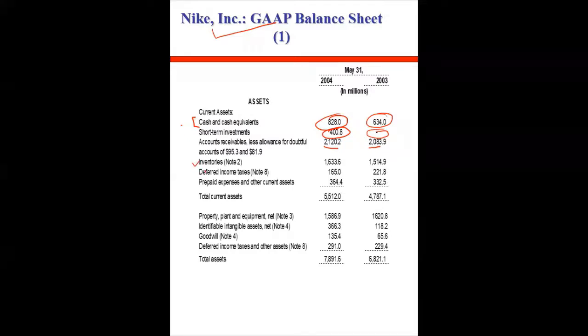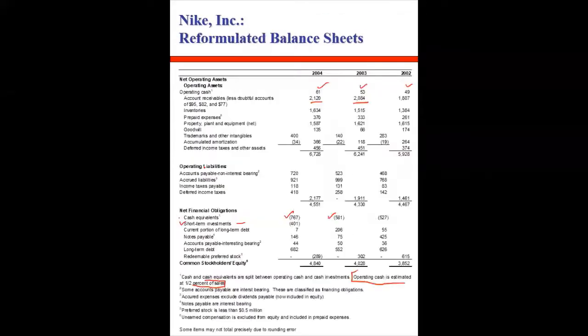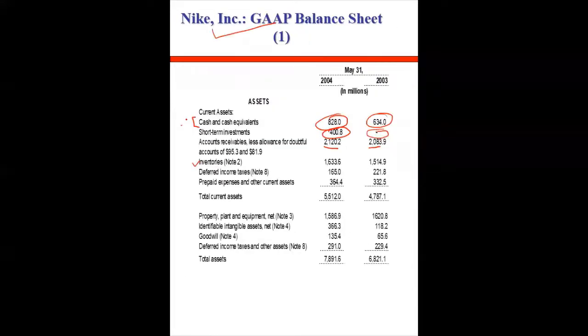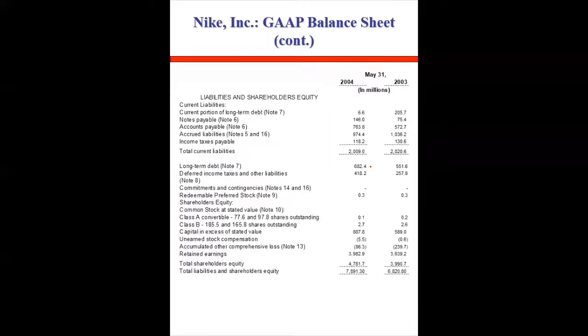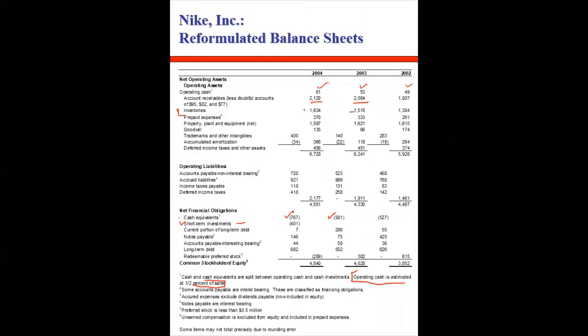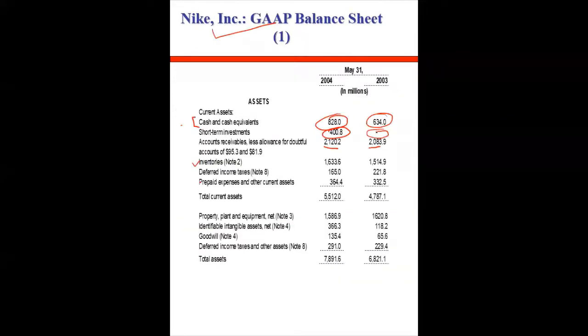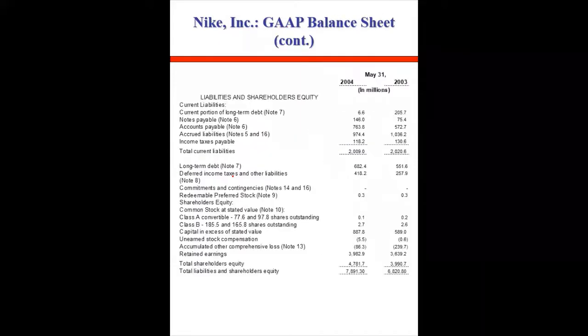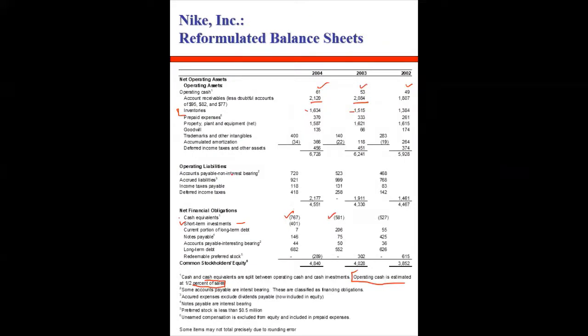Inventory, it is generally clear that it is to be operating. Okay, here it is the inventory, the total amount 1634 and 1515. Okay, next thing, deferred income tax, as it is part of the current asset, it is the deferred current assets. Deferred tax assets. Okay. So as I mentioned, it is to be included in the operating part or operating asset part, right?